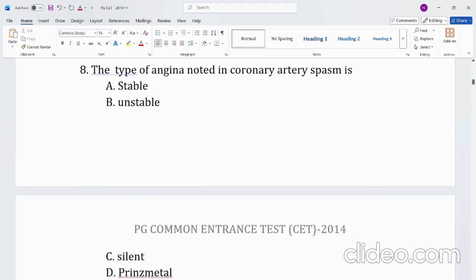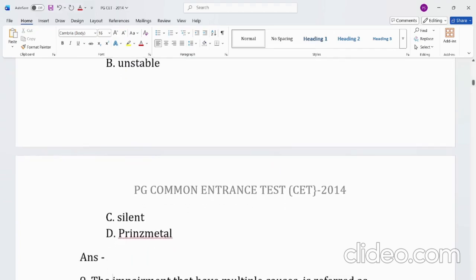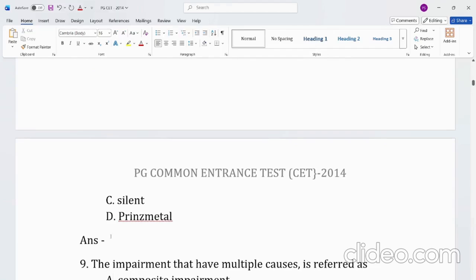The type of angina noted in coronary artery spasm is stable, unstable, silent, and Prinzmetal. The answer will be option D, Prinzmetal. Now see what is Prinzmetal. Prinzmetal angina is uniquely characterized by a sudden temporary spasm of the coronary arteries.